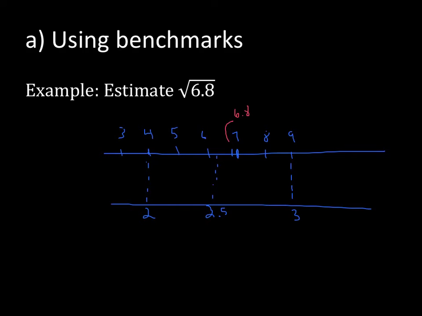So I know that the square root of 6.8 would probably be, and again if you forgive my lack of artistic skill here, between 2.5 and 3. And so a reasonable estimate for the square root of 6.8 would probably be slightly greater than 2.5. And so 2.6 is most likely a reasonable estimate.